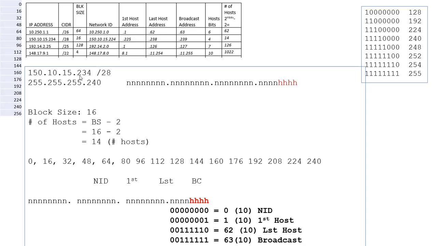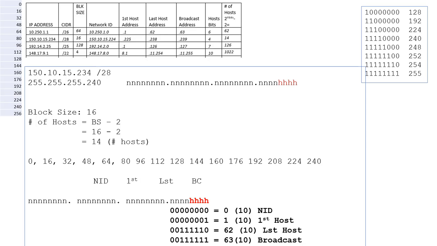So as we take the 234 and we look at all of our network IDs here, we get all the way up to 224, and 234 is larger than 224 but smaller than 240. So it's in this 224 block that our IP address exists.